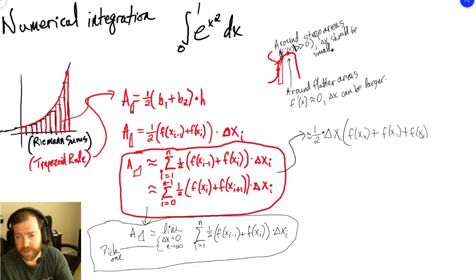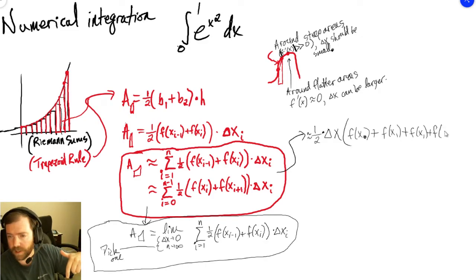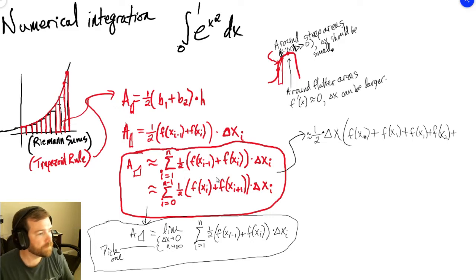I figured y'all didn't need that in your face. Alright, plus f of x sub i, which again is x sub 2 at this point. Okay, and then the next term after that is when i is equal to 3. So then what happens?